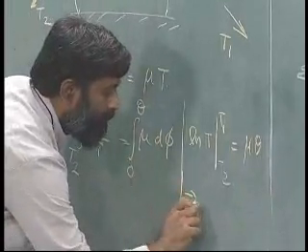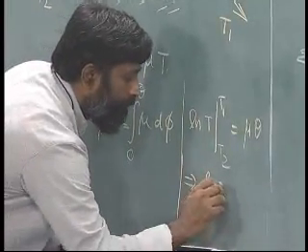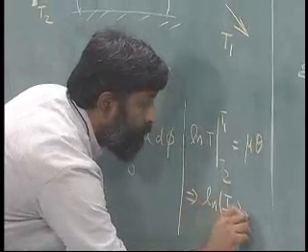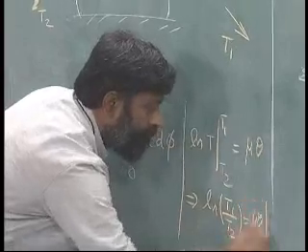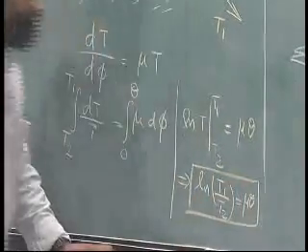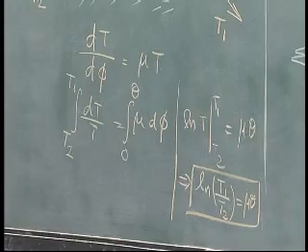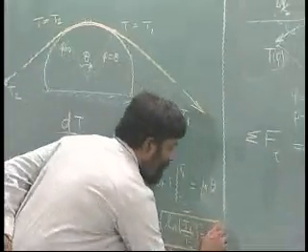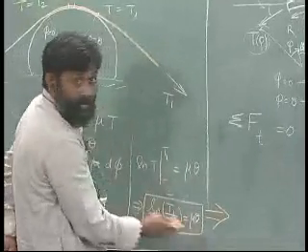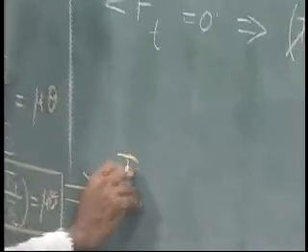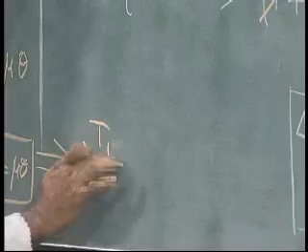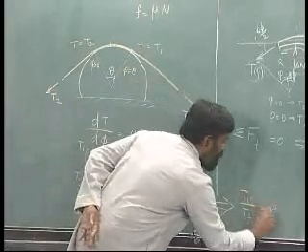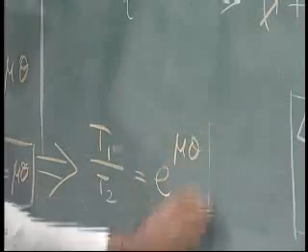This implies the natural logarithm of T1 by T2 is equal to mu theta. I am just going to extend this and write, implies T1 by T2 is equal to exponential of mu theta.